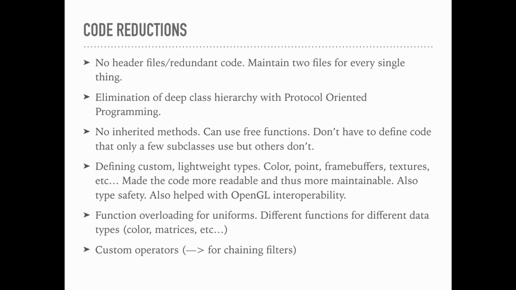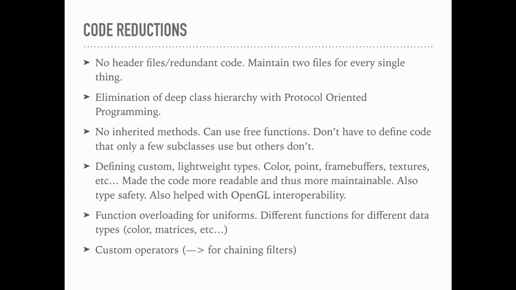So just an overview of the code reductions. We were able to get rid of the header files. We were able to eliminate this deep class hierarchy and get rid of all of these inherited methods. Define custom lightweight types, take advantage of function overloading, and use custom operators. And again, these are all the advantages of just using Swift.